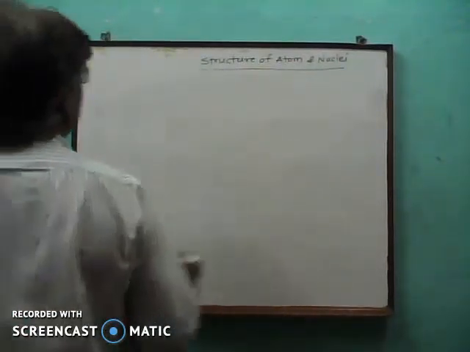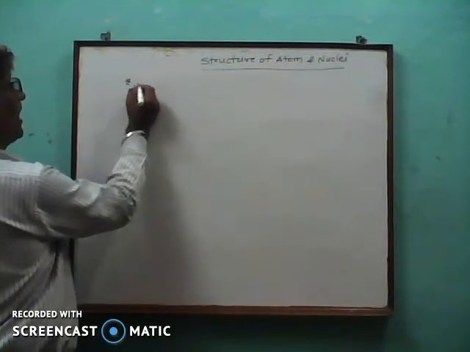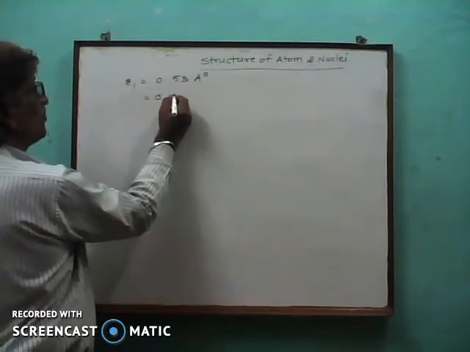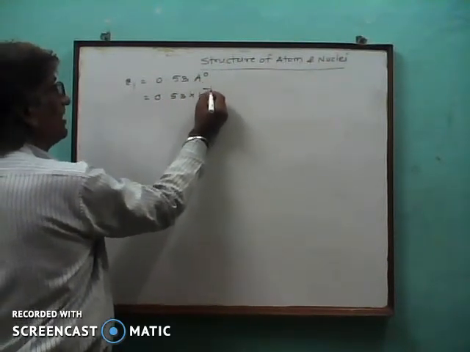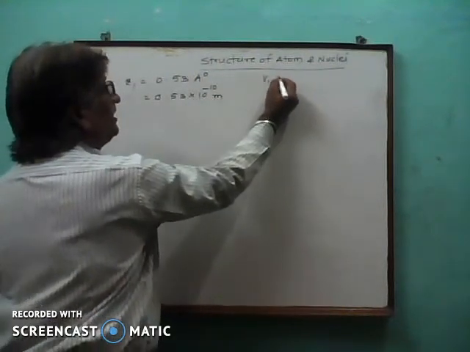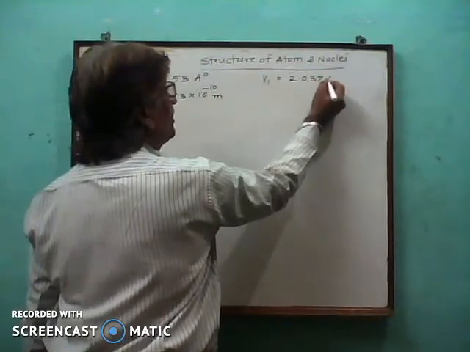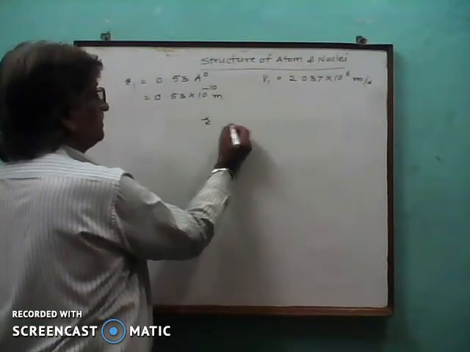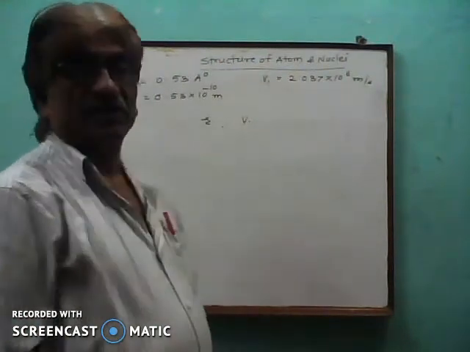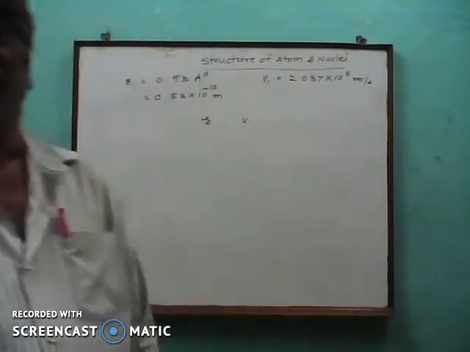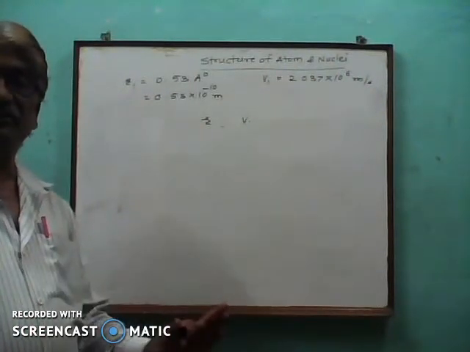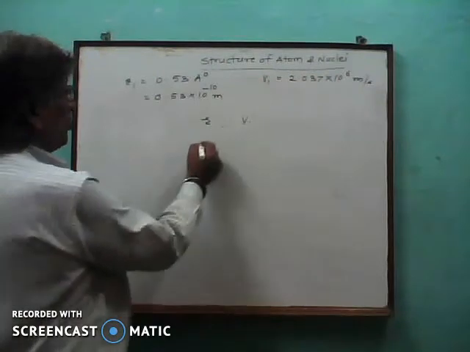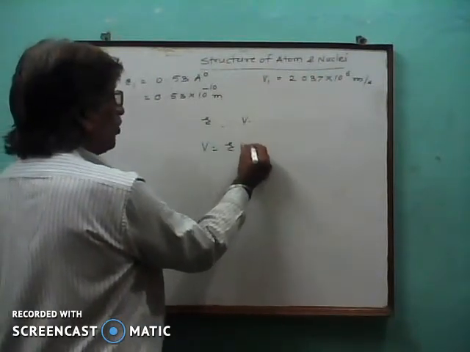Today we have seen two values: R1 is equal to 0.53 angstrom unit, which means 0.53 into 10 to the power minus 10 meter, and V1 is 2.037 into 10 to the power 6 meter per second. If R and V are given, there is a relation between linear velocity and angular velocity. That relation is V equal to R omega.